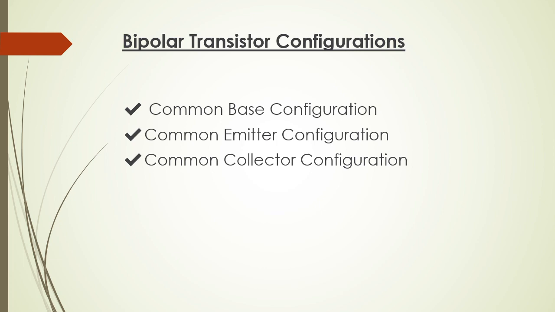Since BJT has three terminals, there are basically three possible ways to connect it within an electronic circuit, with one terminal kept common to both input and output. In common base configuration, the base is kept common, in common emitter configuration, the emitter is kept common, and in common collector configuration, the collector is kept common.